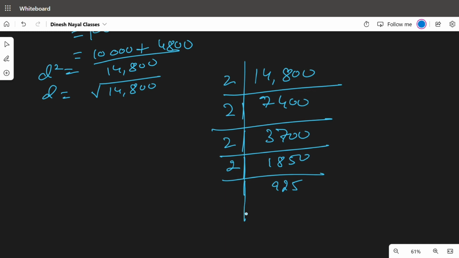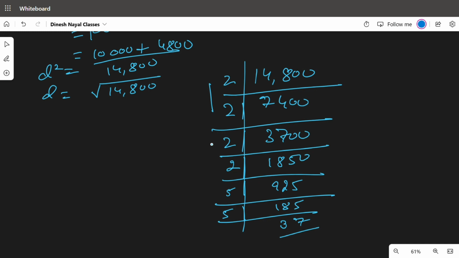Now this is not divisible by 2, this is divisible by 5. So this goes 185 times, and again with 5, 5 3s are 15, this goes 37. So 37, I think, is a prime number. Now make the pairs.